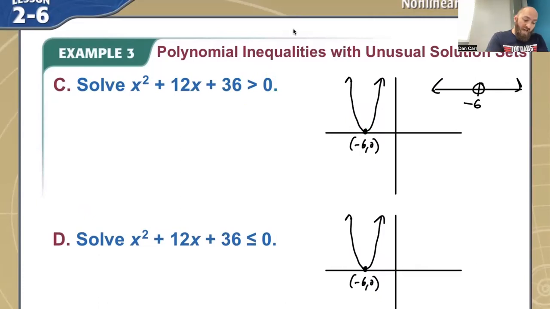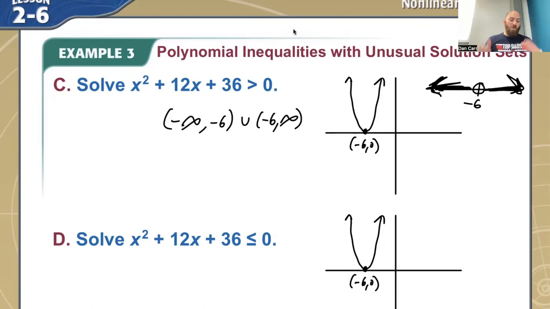When I go to the left and up to any point, is that above 0? Yes, all of these points are greater than 0. In this direction, same thing. So we get two intervals: from negative infinity to -6 and from -6 to infinity. That's when this polynomial is greater than 0.